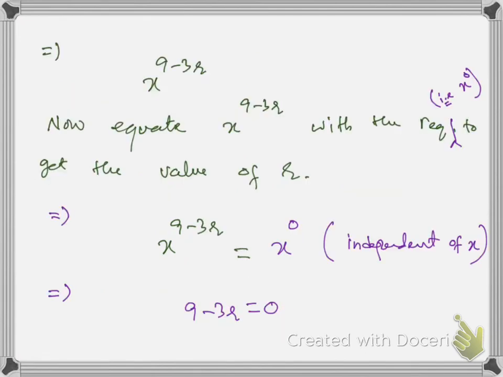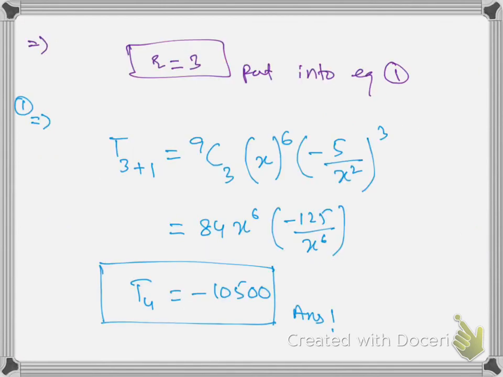You know, when same bases multiply, then we add the powers. So this is the simplified form of the x. Now equate this x with the requirement. And what is the requirement? The requirement is x power 0, the term independent of x, to get the value of r. So here we equated both and we got r equals 3.